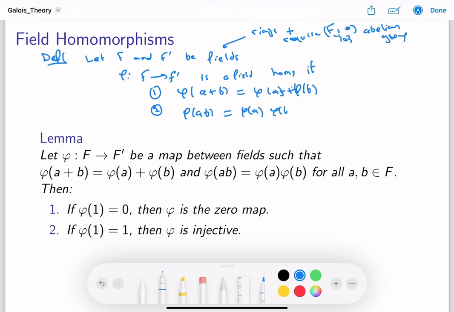And it's important here to note that, just to avoid the trivial case of the zero map, we're going to define phi of 1_F to be 1_F prime.